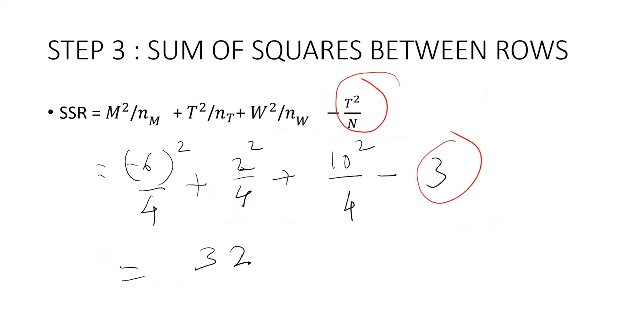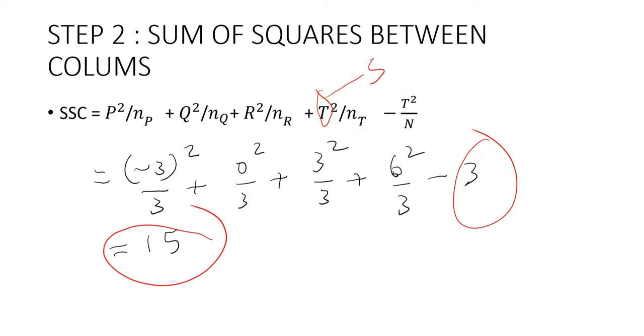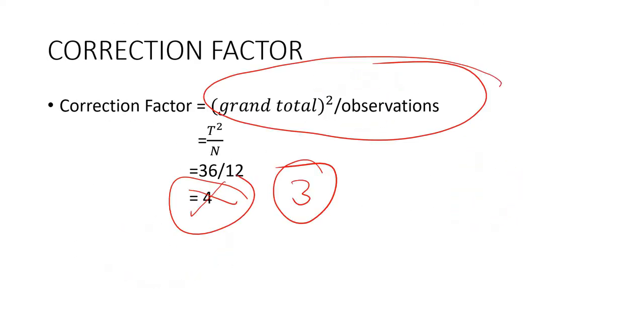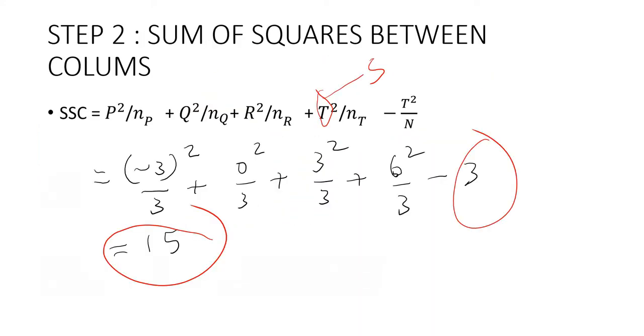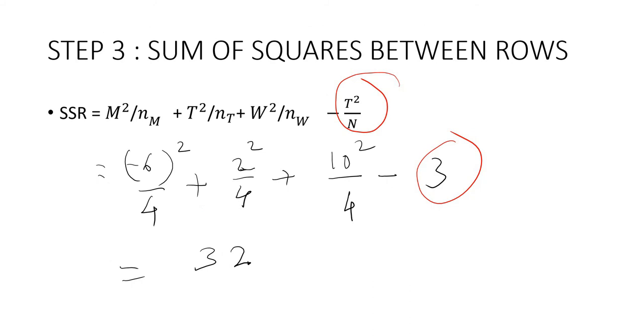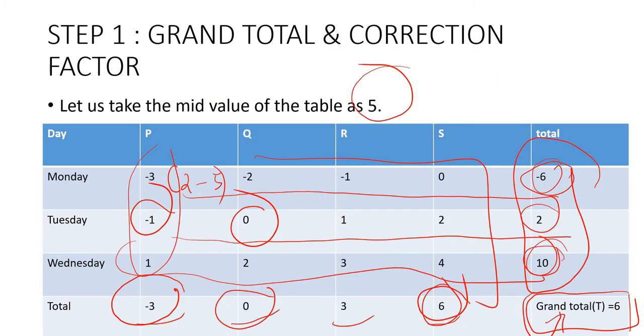So what is M square by NM? M square, you can see from this table, for Monday it is minus 6, then 2, and 10. These three values we need to take. So you get minus 6 square by 4, 2 square by 4, plus 10 square by 4. What is 4 there? 4 is the number of observations.